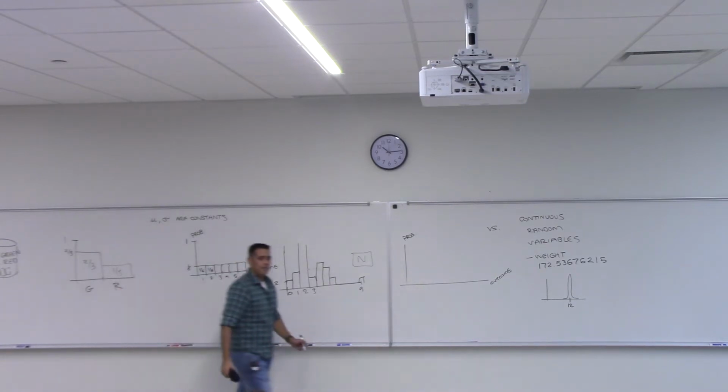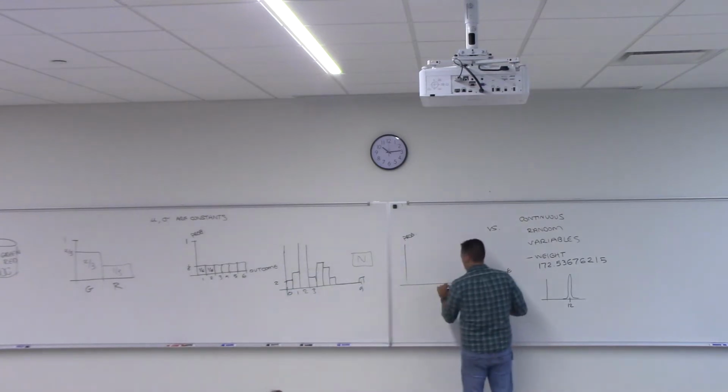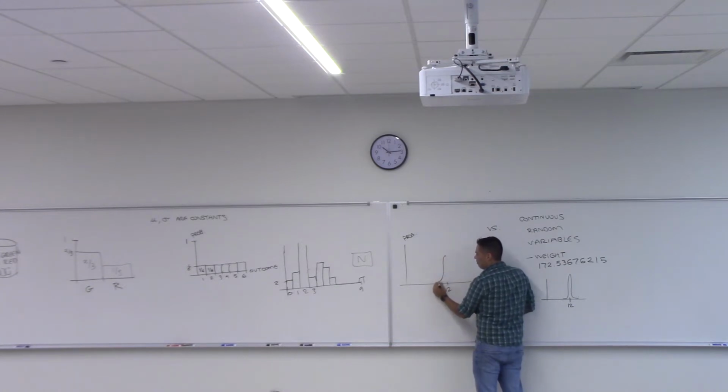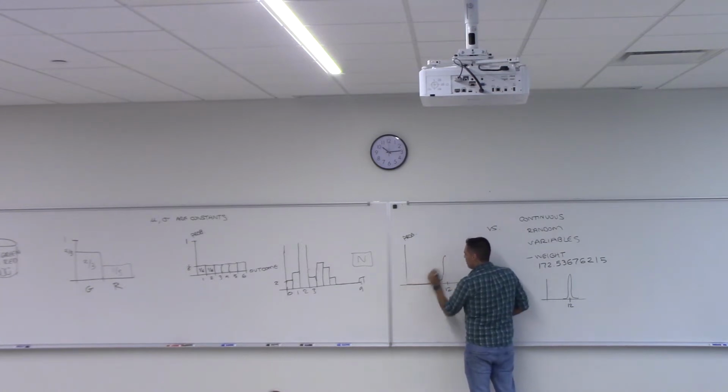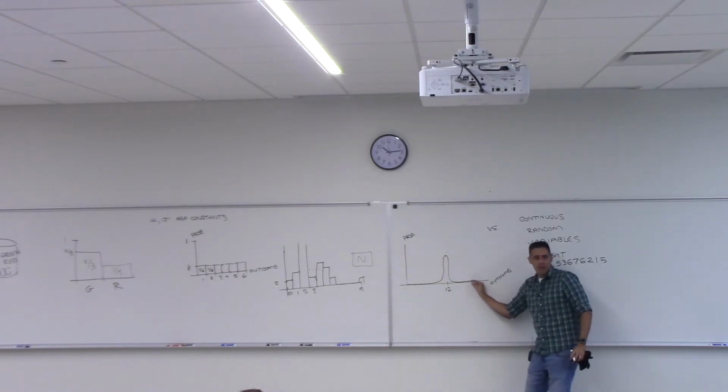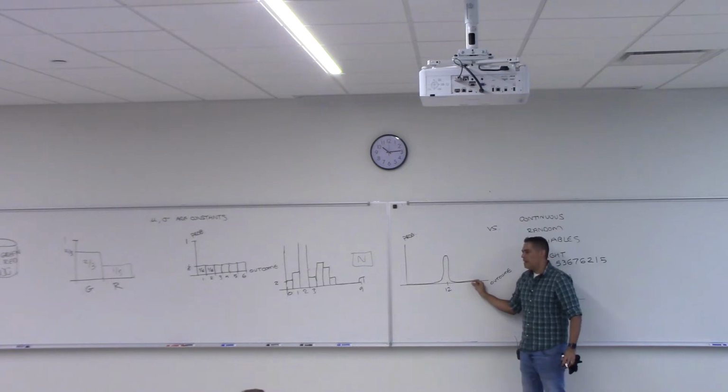Well, then your probability can be any, right? If this is 12 ounces, your distribution is going to look like this. Now, what about over here? Very small, right? Infinitesimally small. But you can't tell me that it can't be 13, or 14.